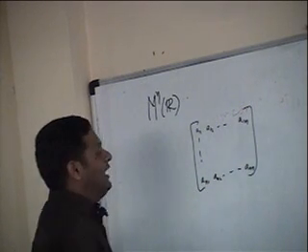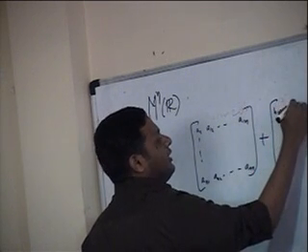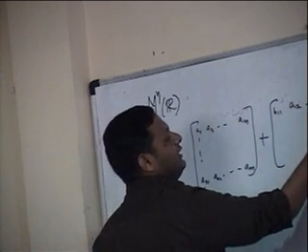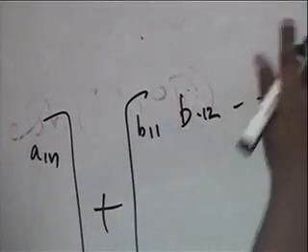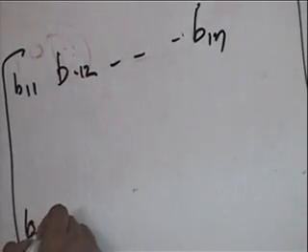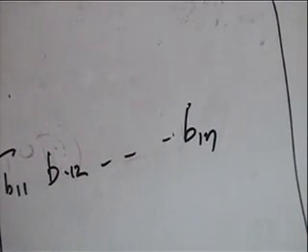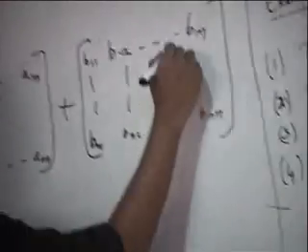And I can add it with another one of the form, say, B11, B12, etc. up to B1n, down to Bn1, Bn2, etc. up to Bnn. Okay, I fill all these.